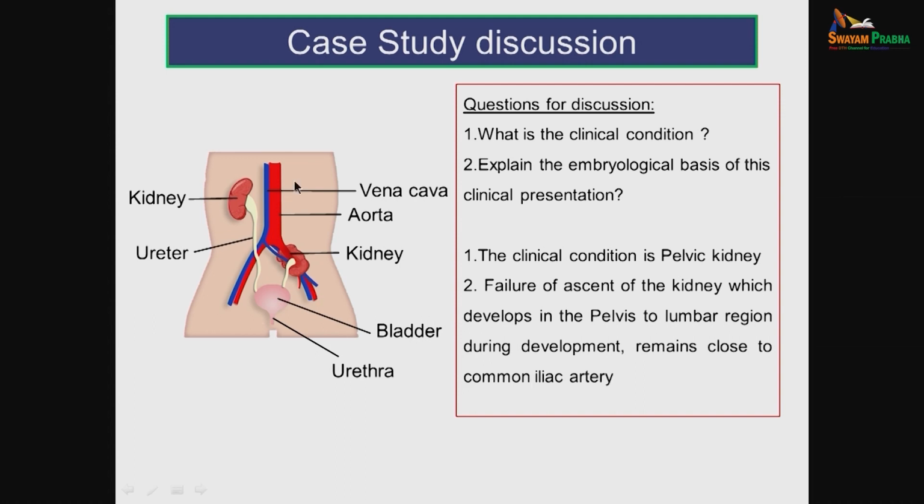It has to ascend up to the lumbar region. If it fails to ascend during development, then it is called pelvic kidney, and usually they will remain close to the common iliac artery. So, this clinical condition is left pelvic kidney, and this has been correlated with the development of the urinary system.